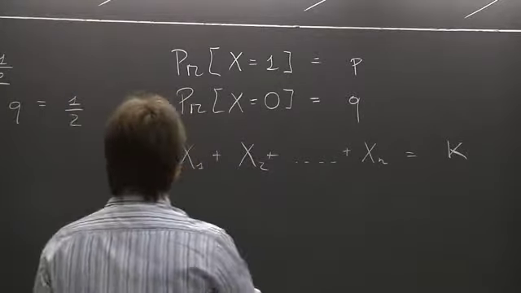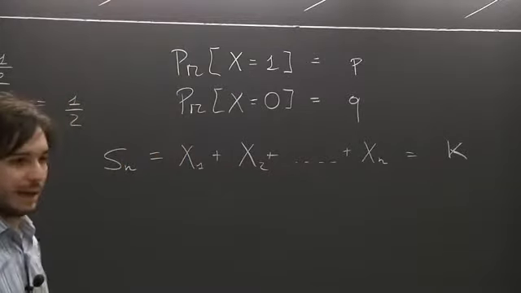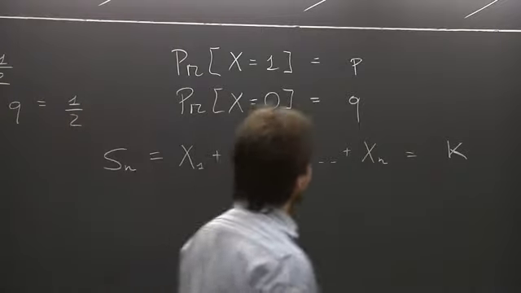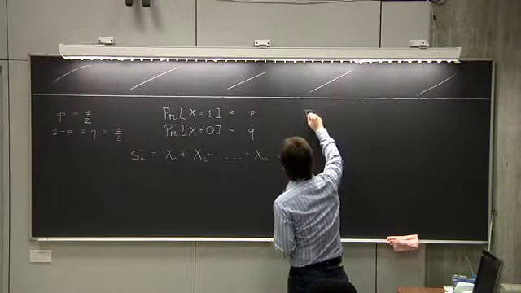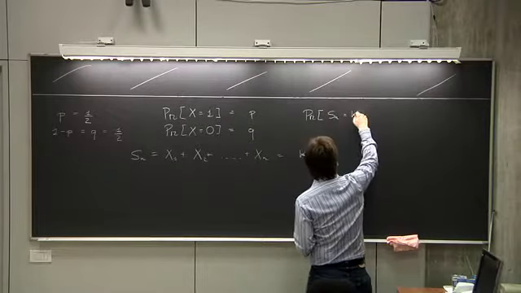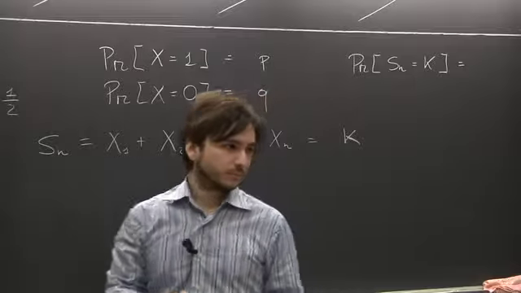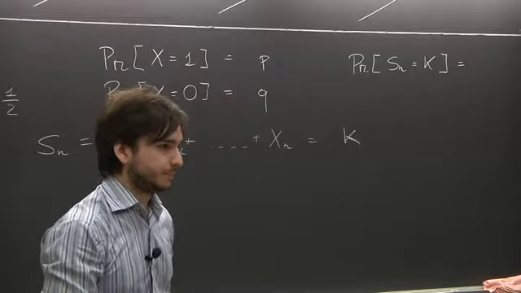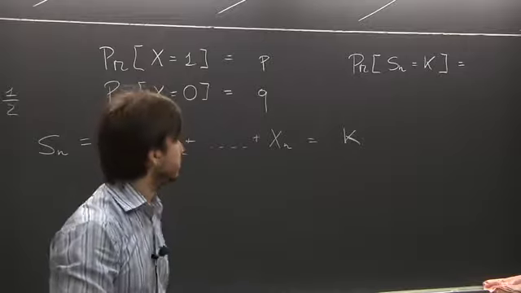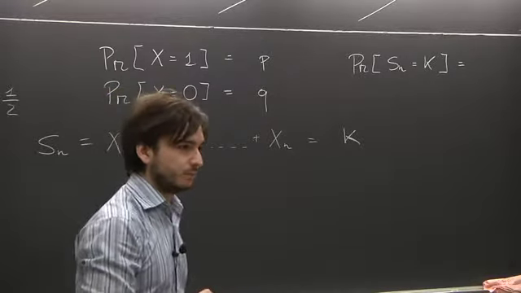No. So you can call this variable Sn, because you're making n different trials. And the question is, what is the probability that Sn will be exactly equal to k?